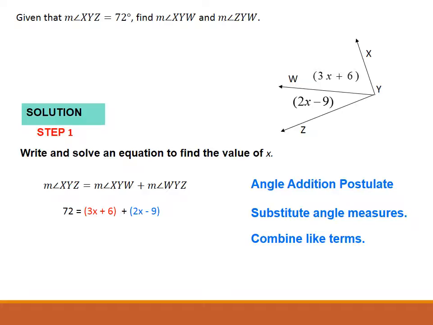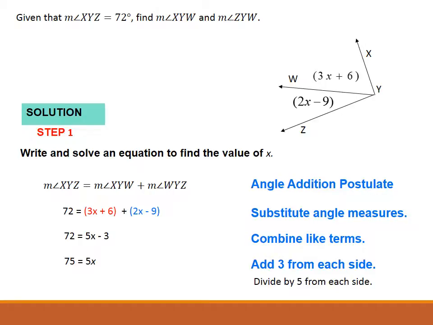We're going to combine like terms. So we get 72 equals 5x minus 3. That's because 3x plus 2x equals 5x, and the 6 minus 9 is minus 3. Now we're going to go ahead and add 3 to both sides. And we get 75 equals 5x. And then, of course, last but not least, divide 5 from each side, and we get x equals 15.